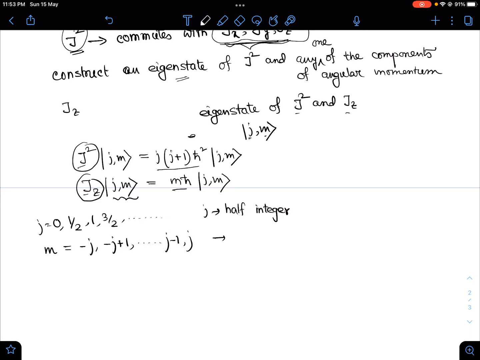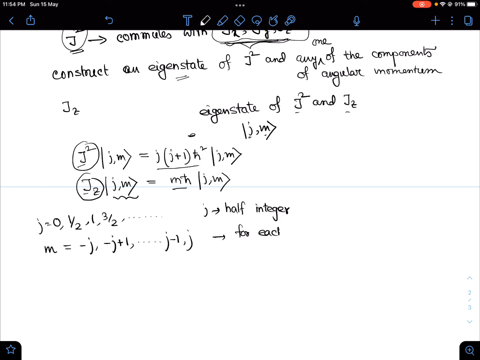So that means for each value of j there are 2j plus 1 values of m.